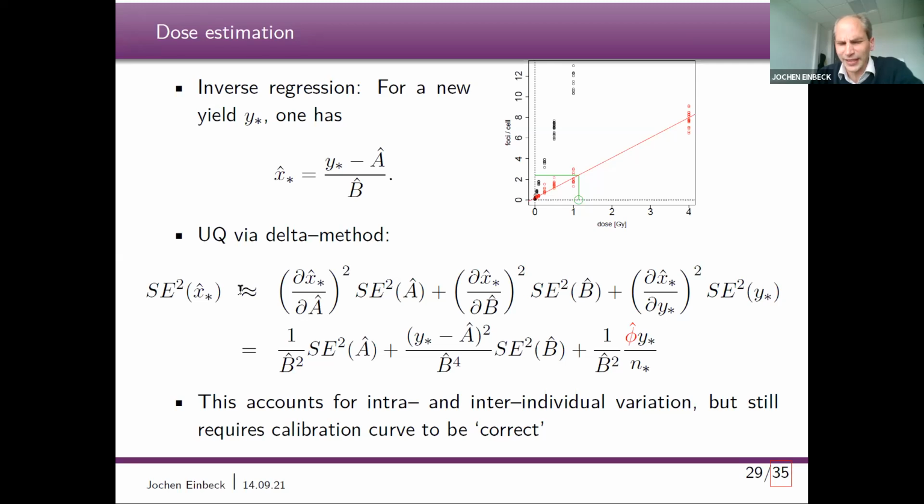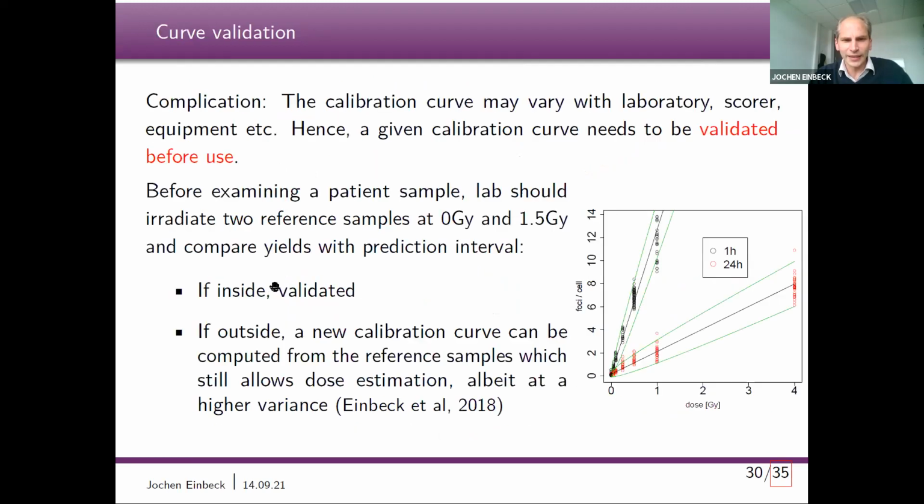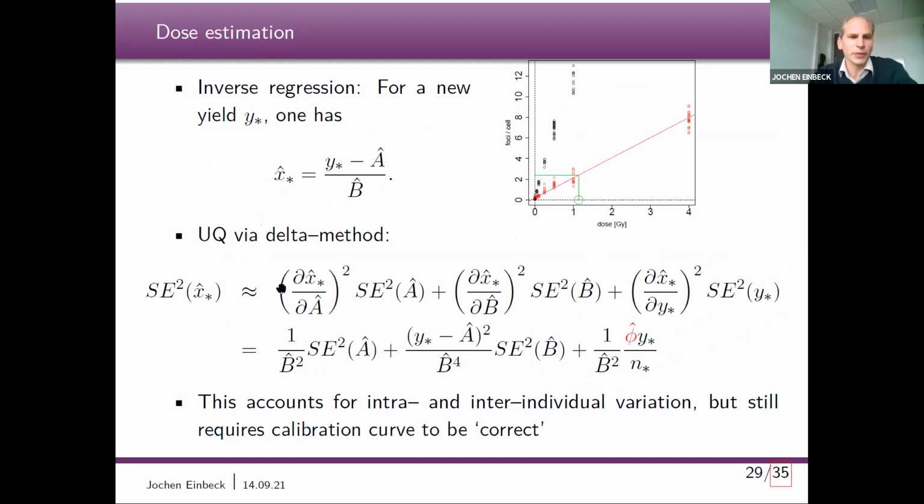So that earlier method doesn't work at all anymore. What is done here is what I find the nicest and most general approach to uncertainty quantification. If you have any function of anything, and you can quantify the uncertainty of each of the individual things, in this case the y star, the a hat, and the b hat, you can use the delta method, or really just a part of the delta method.